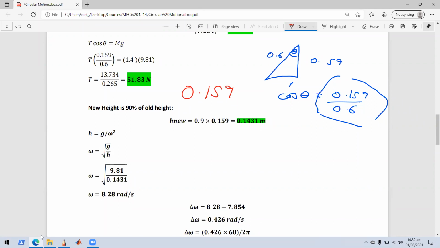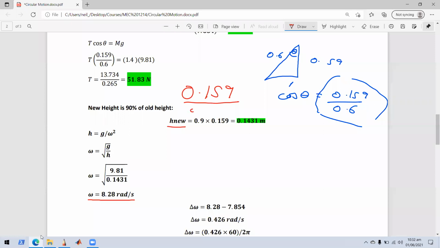Well, finding 10% of this and subtracting it from it is the same as 90% of this, right? So if you find 90% of this, that'll be 10% less of what it was originally. So the new height, the 10% reduction in height, the height that we want to find the velocity for in revs per minute, is going to be 90% of the 0.159, if that makes sense.